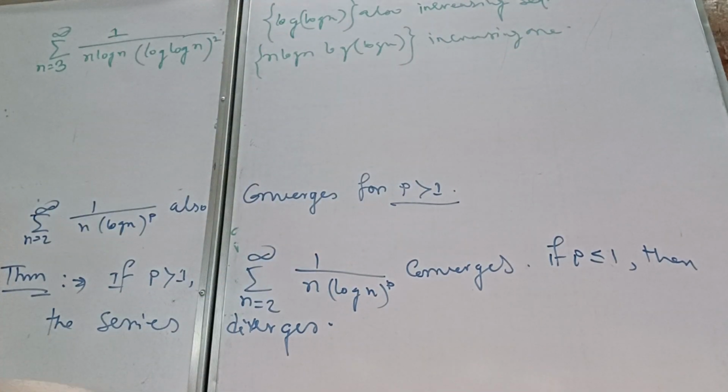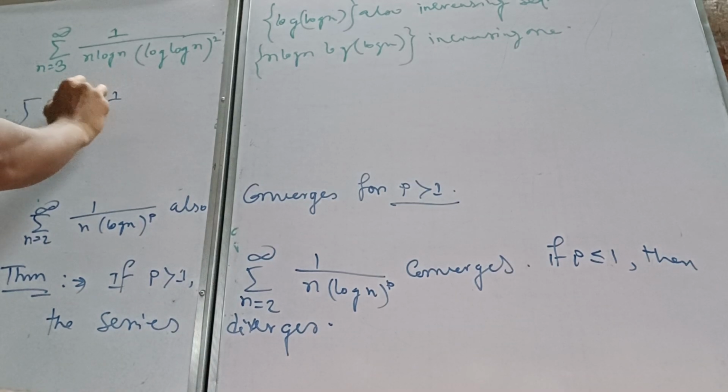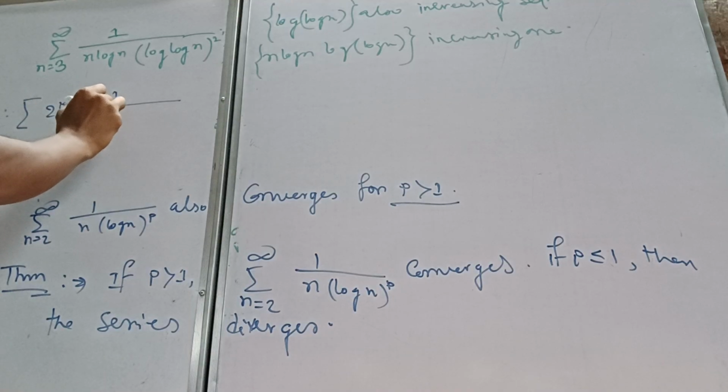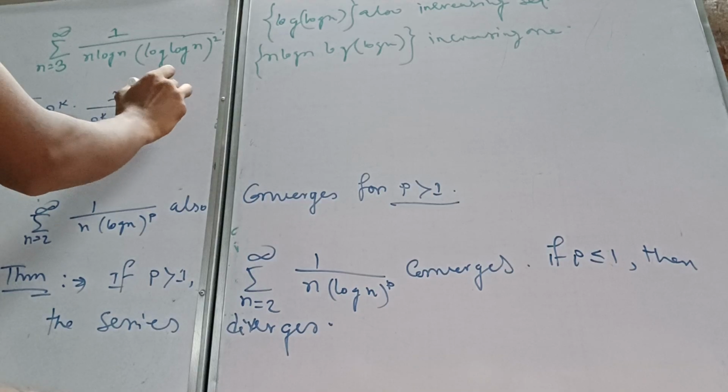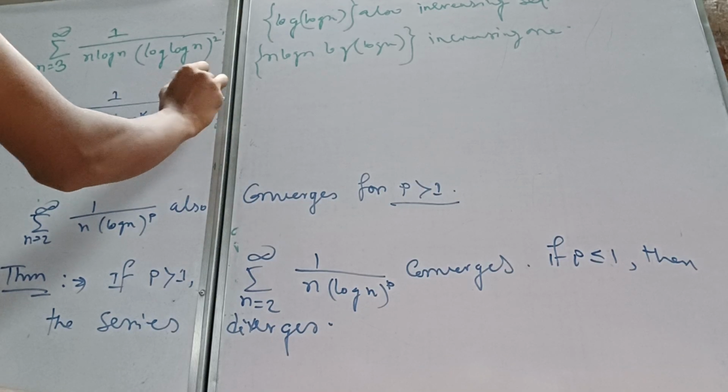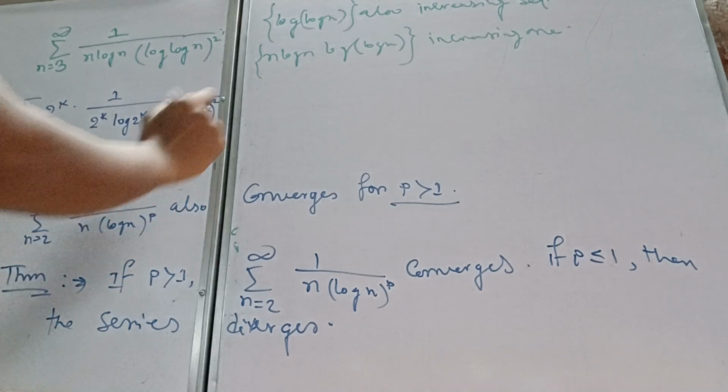Now we write in this way. That means we write summation 2^k times 1 by a_{2^k}, meaning here 2^k log 2^k (log of log 2^k) squared, equal to what?